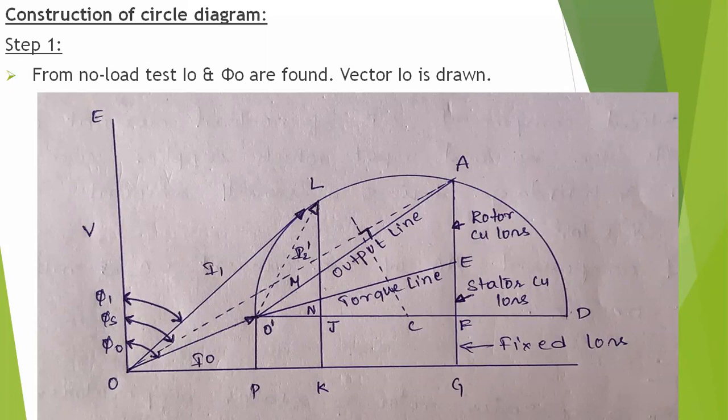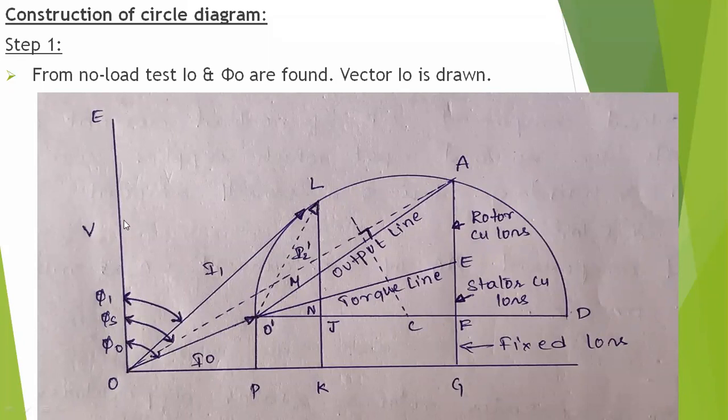In step one, from the no load test, we calculate I naught and phi naught. From the no load test, the no load current I naught and the no load phase angle phi naught will be known. With the phase angle phi naught, we have to draw the magnitude of I naught. As shown in the figure here, the vector for I naught can be laid off lagging behind the applied voltage V by phi naught.